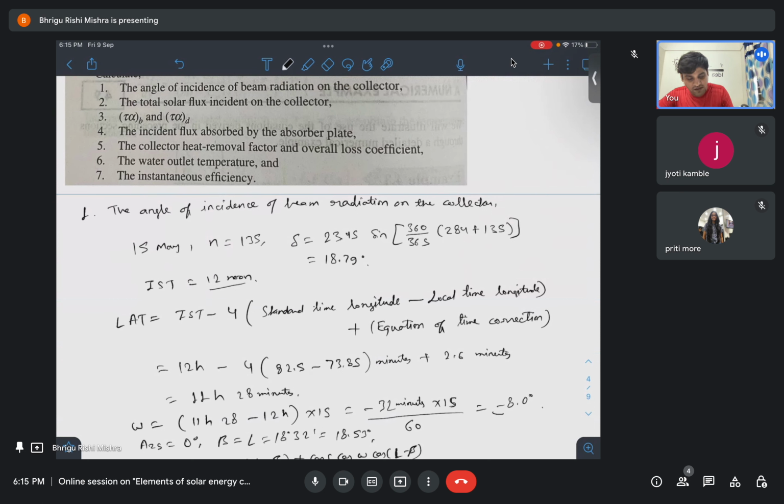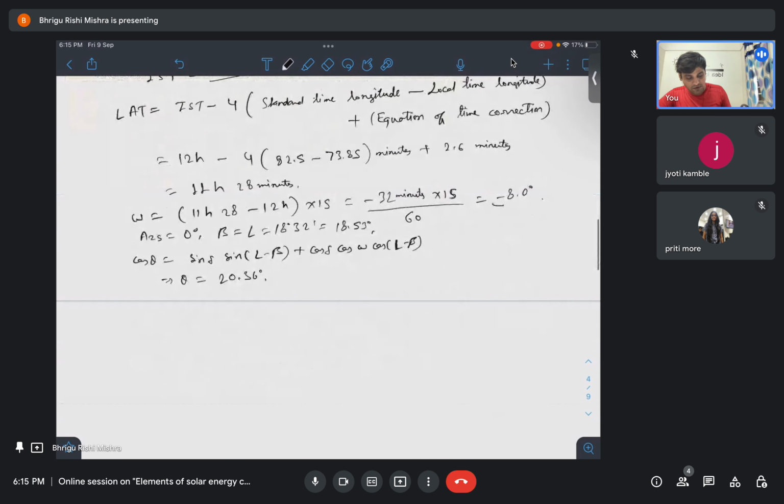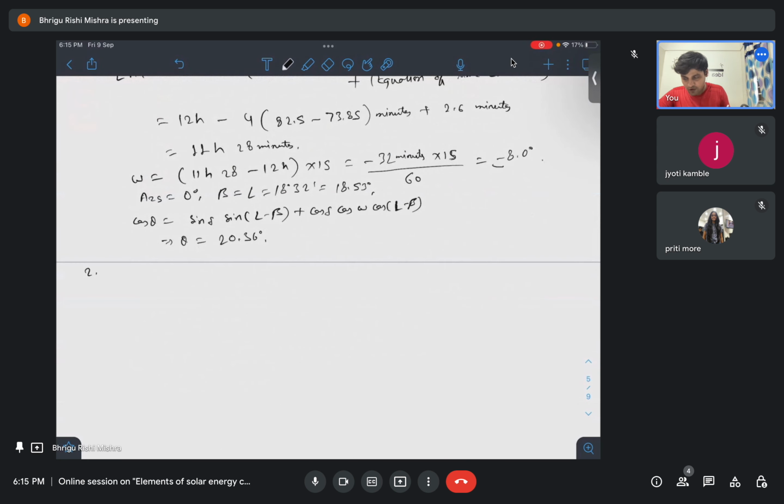Now the second one is the total solar flux incident on the collector.